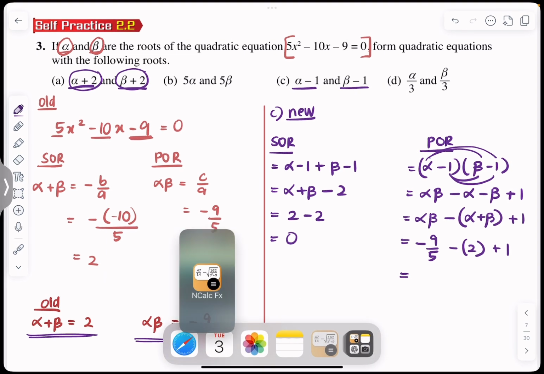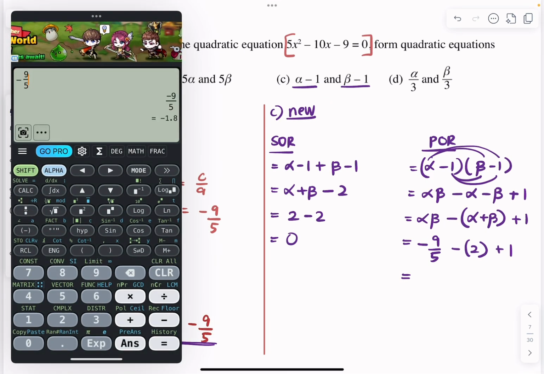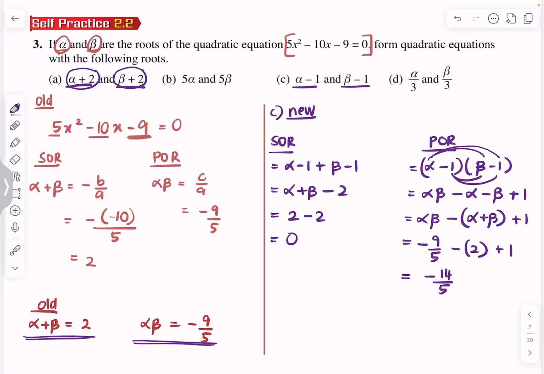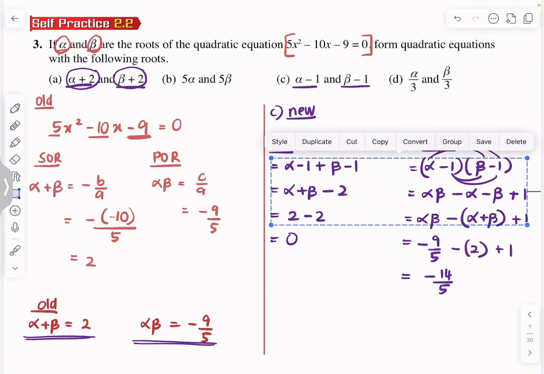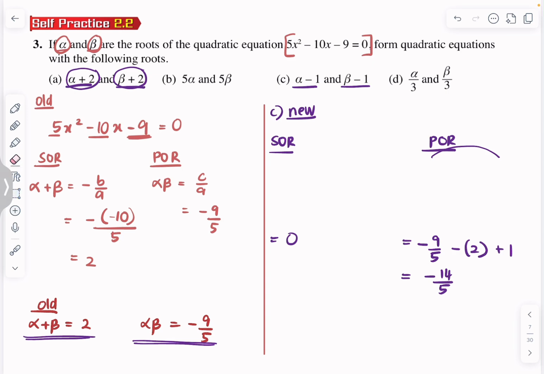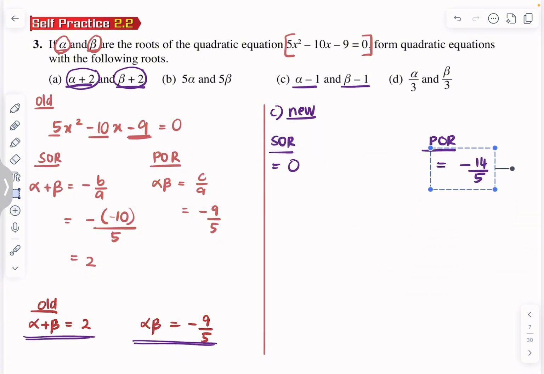So here we get negative 14 over 5. Right. So now let's fit it in our equation. Let me erase some so that we got enough space. Okay, so sum of roots 0, product of roots is this. So general equation will be x squared minus SOR x plus POR equals 0.